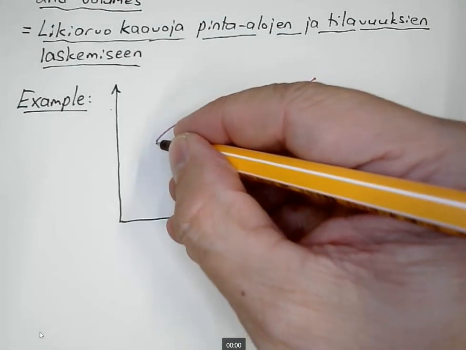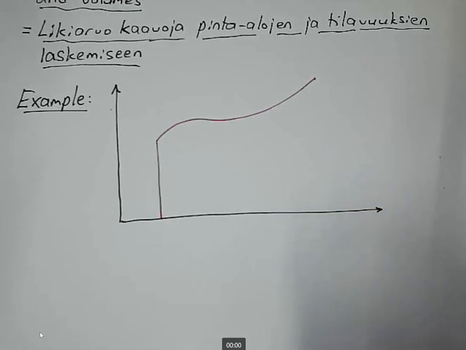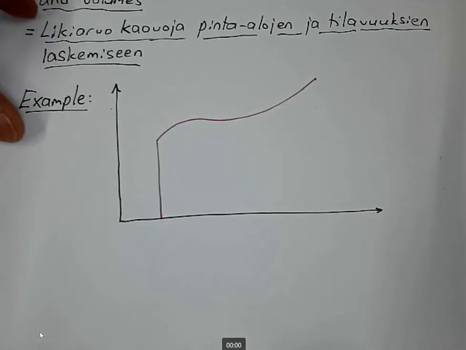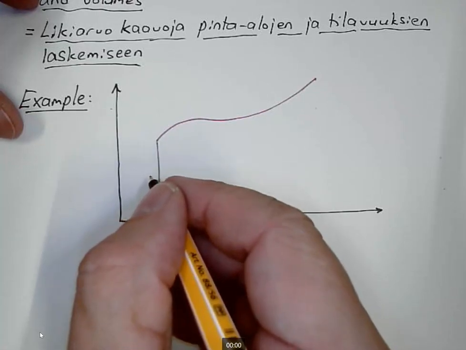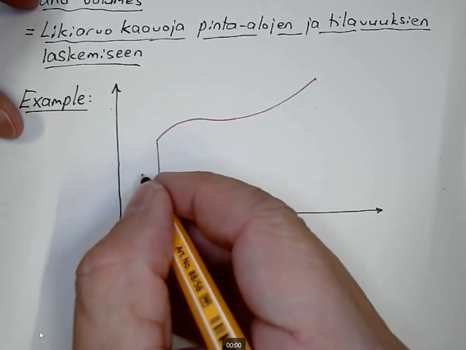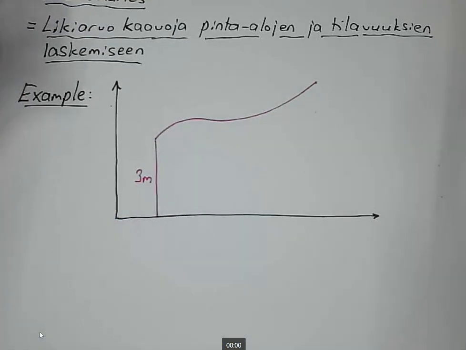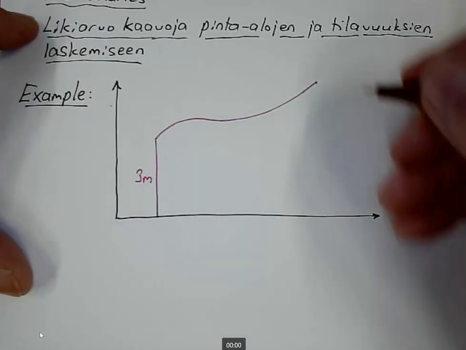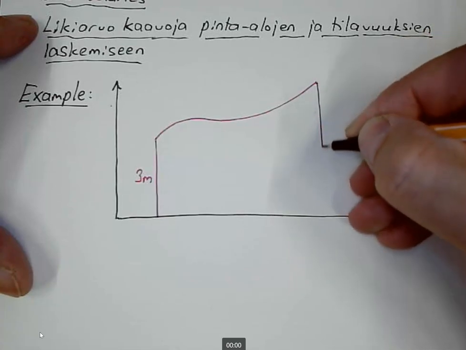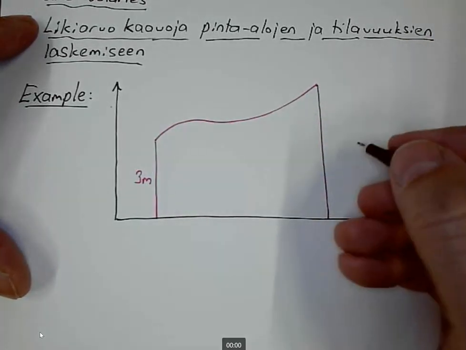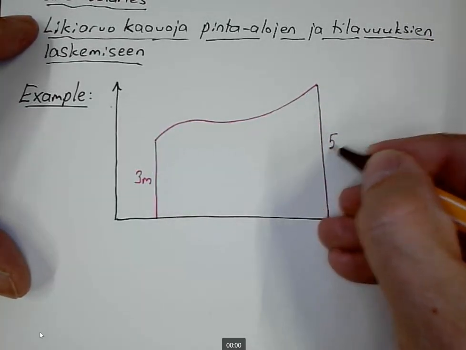We know that on the left side the height of the figure is, let's say, 3 meters. I take easy numbers there. And on the right-hand side the height of this figure is 5 meters.